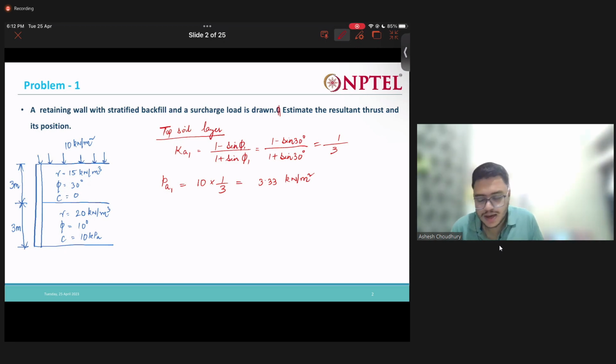After that, what will be the line of action of this one? It will be h by 3, but this is actually acting at the center.